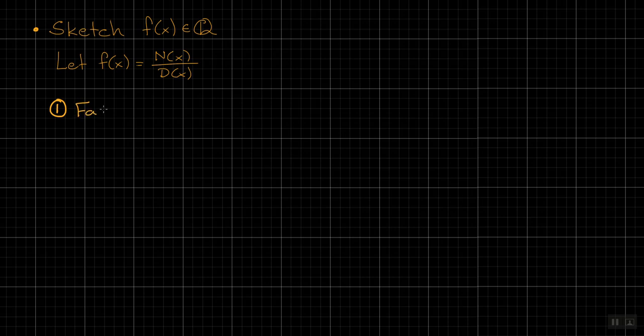Factor, simplify, and note any, and then I need your guys' guidance. I can either write any holes or any factors that divide out, which implies a hole. We better do the second one. Any factor, and then in parentheses, root, that divides out.